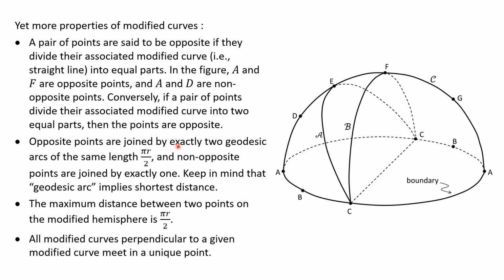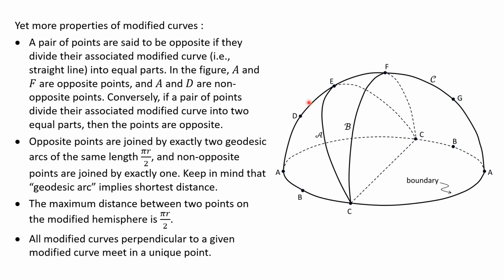Opposite points are joined by exactly two geodesic arcs of the same length, pi r over 2, and non-opposite points are joined by exactly one geodesic arc. That's because we define geodesic arc to be the shortest distance. So, for example, E and D are not opposite points.